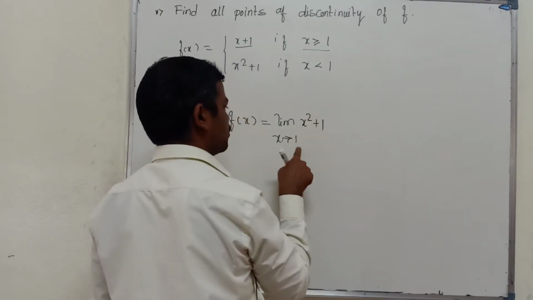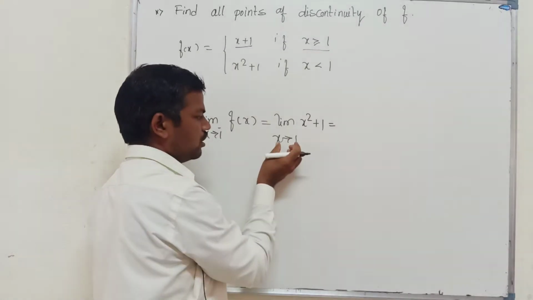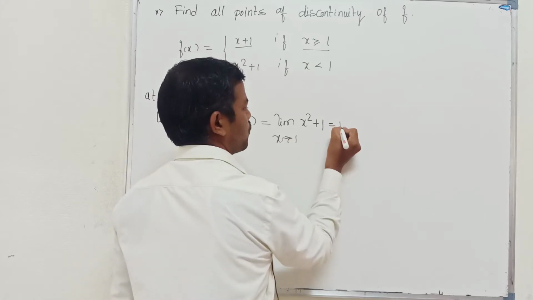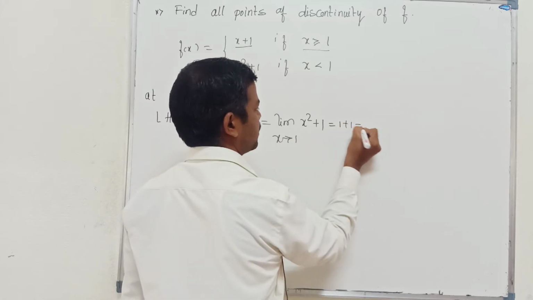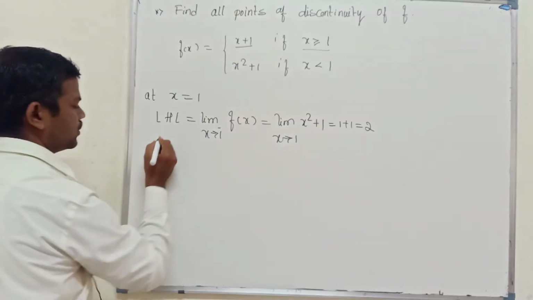We know how to find the limit of the given function: where there is x, we put 1. So 1 square plus 1 is equal to 2.